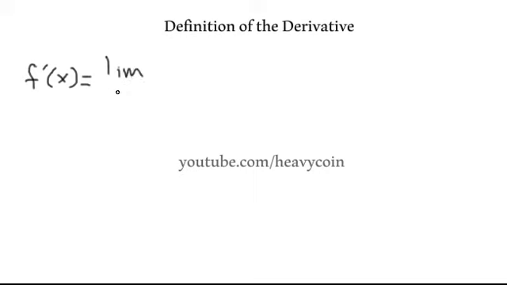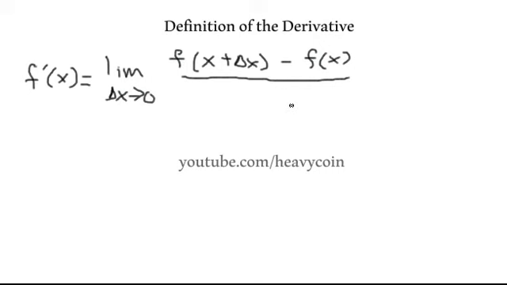Using the limit as delta x approaches 0 of f of x plus delta x, and I should say sometimes they use the letter h here instead of delta x, but I'm just going to use delta x. It seems like when I learned it they used h. Over delta x. We now know how to derive this right here. This is just the slope of the secant line.